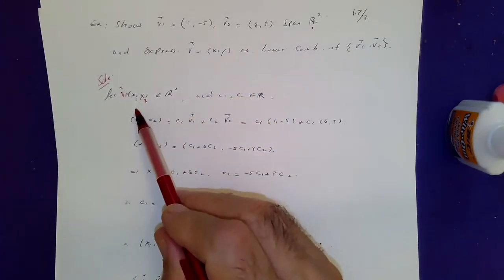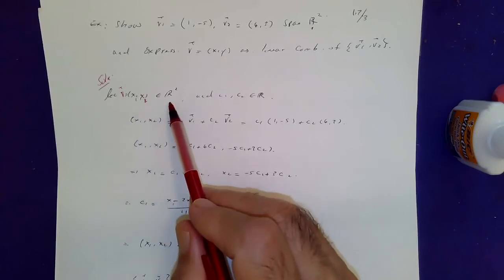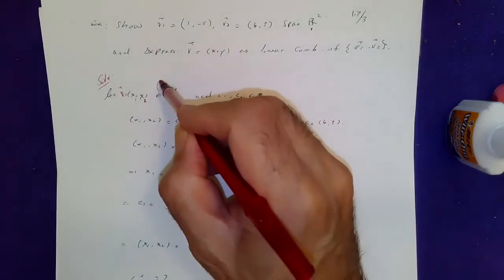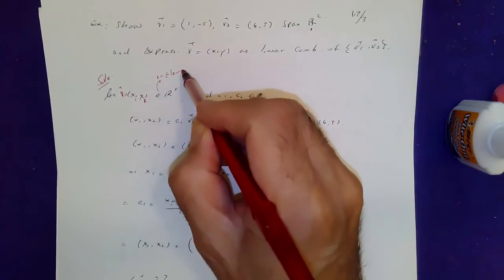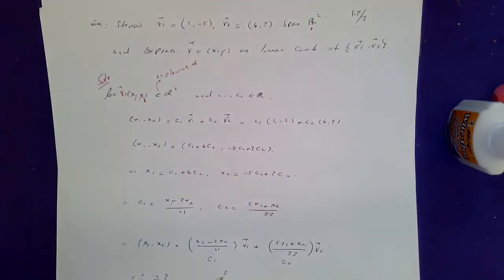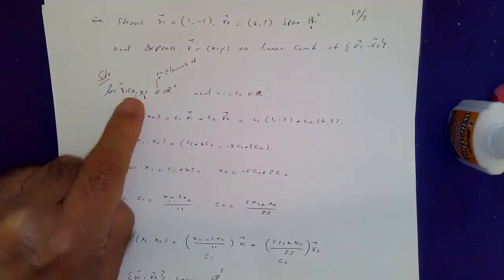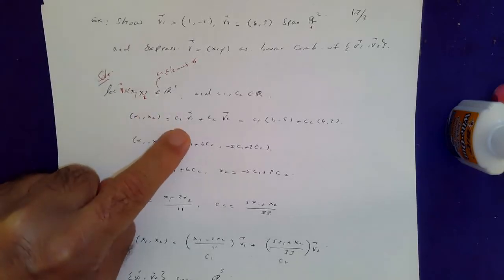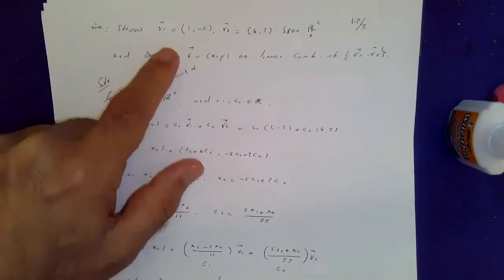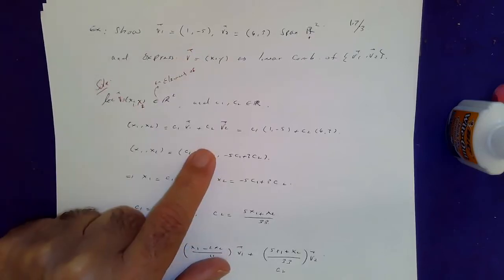So let vector x1, x2 be an element of R2. Can I write x1, x2, which is a random vector in R2, as a linear combination of v1 and v2, which are given to me?